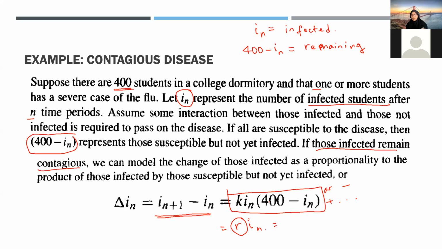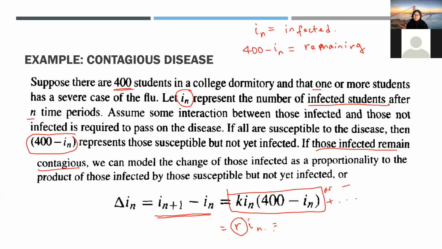If all students are infected, then the change is going to be 0. Kalau semua orang dah terkena virus ni, so 400 tolak dengan orang yang dah infected tu, semua jadi 400. So dia tak ada lagi perubahan lah. So the change is going to be 0. The future value is not going to be affected anymore sebab dah semua orang dah kena.